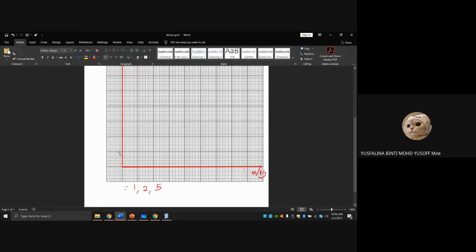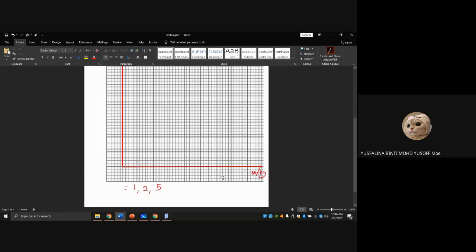Or you can put 0.1, 0.2, 0.3, 0.4, 0.5, or you can put 0.2, 0.4, 0.6. So you can only use this scale.